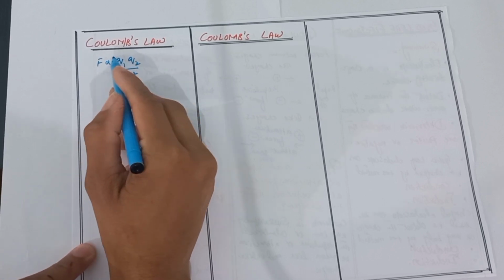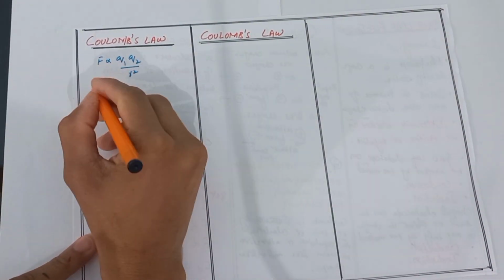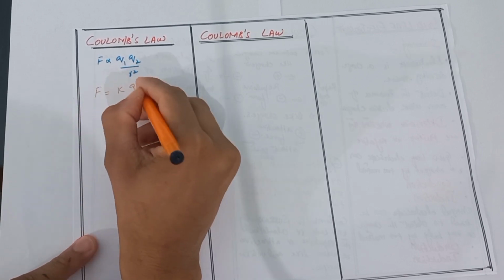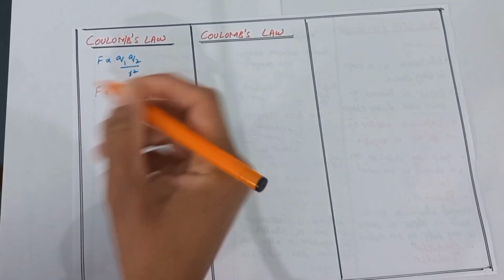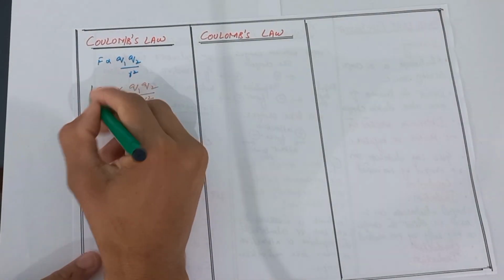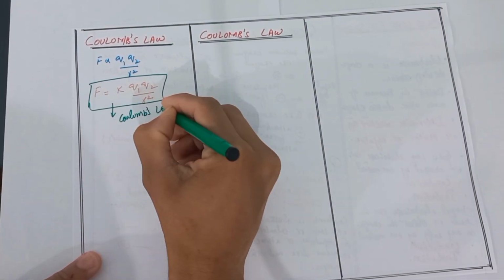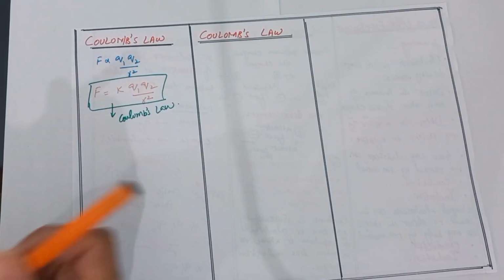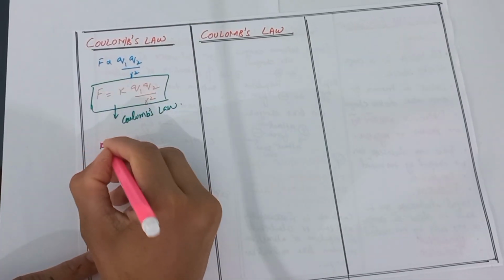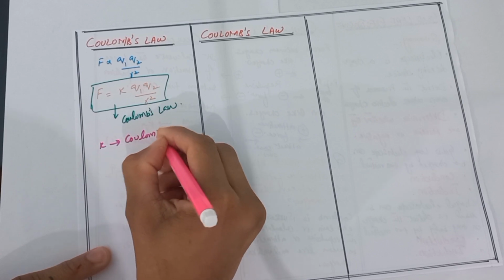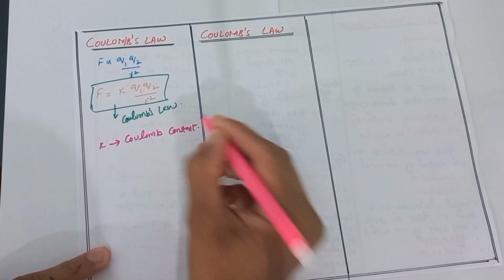Now I am interested in removing the sign of proportionality. To do so, I place a constant. So I write F is equal to K Q1 Q2 upon R square. This is called Coulomb's law, and this K is known as the Coulomb constant.